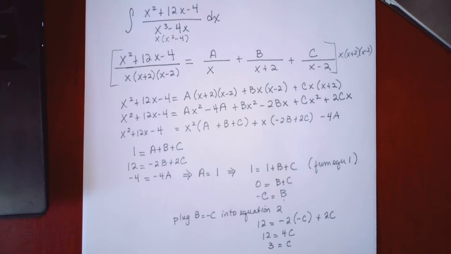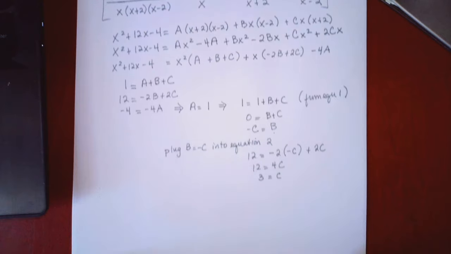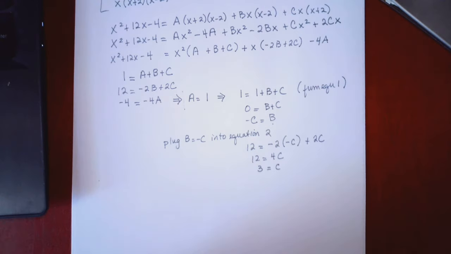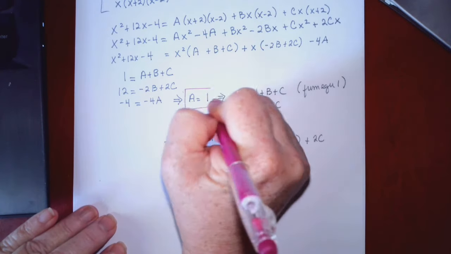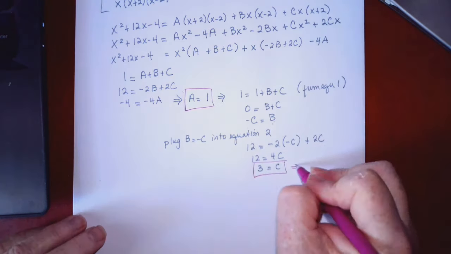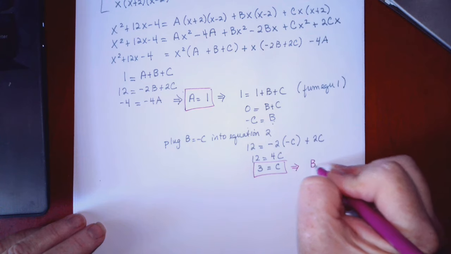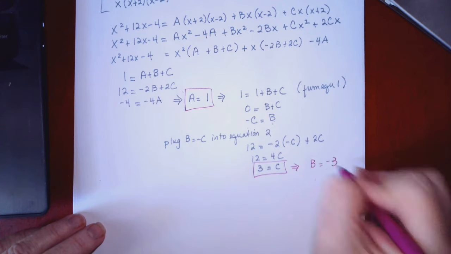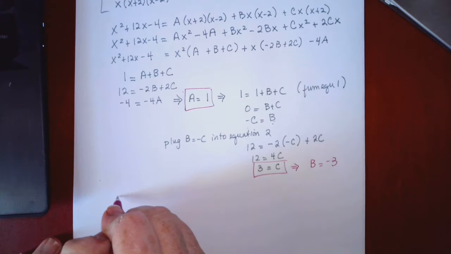So that is equal to 4c, or c is equal to 3. And so we now know that a is equal to 1. We know that b is equal to negative c. That would give us that b is equal to negative 3. And hang on just for a little while too. I'll show you a different way that we could get that same result for a system of this sort.